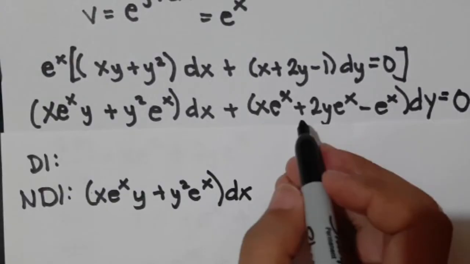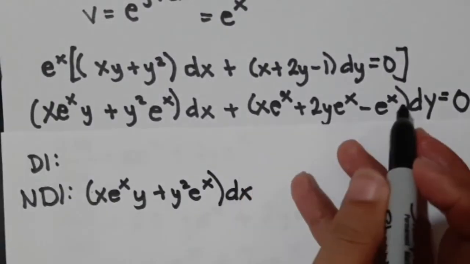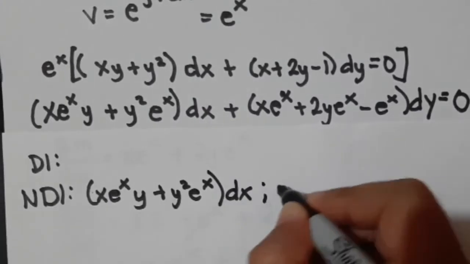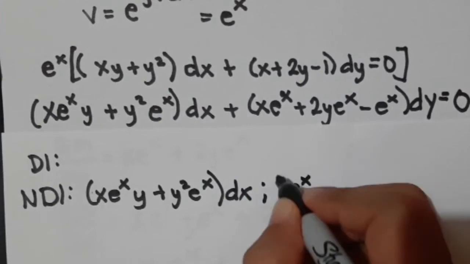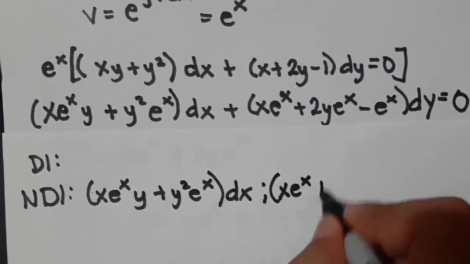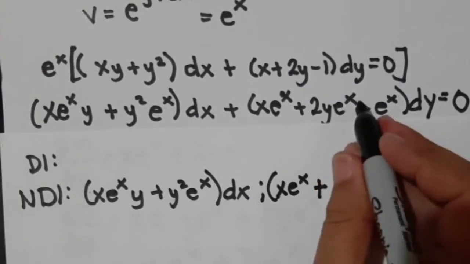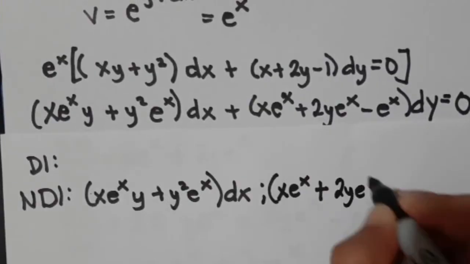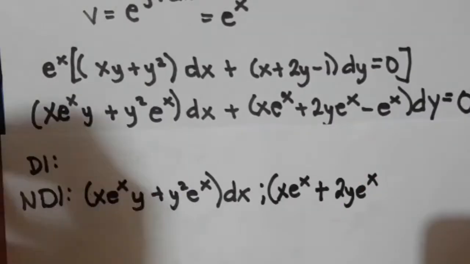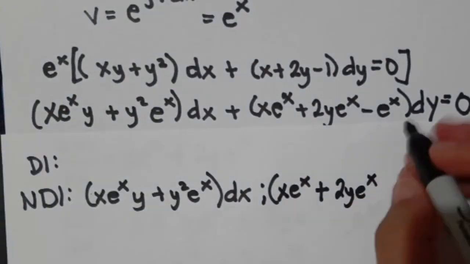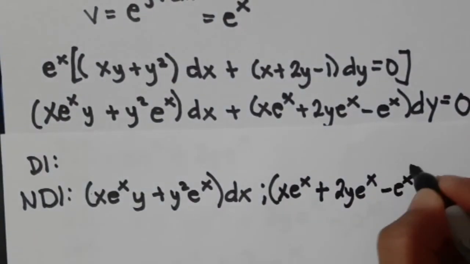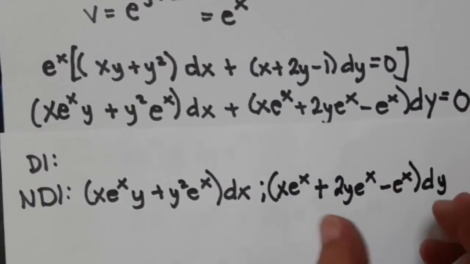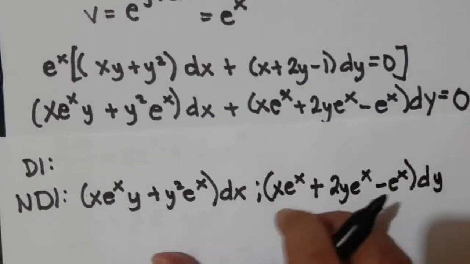For the second equation, x e^x dy is not direct integrable also. So we have x e^x plus 2y e^x, also not direct since we have dy. Same as the last term, which is minus e^x dy, that is our non-direct integrable.